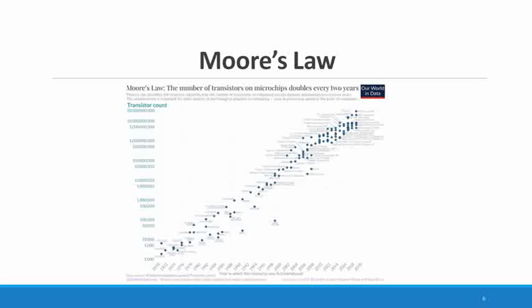Here again, on the x-axis, I am showing the timeline from the year 1970 to the recent 2020, as the law was stated in 1968. On the vertical axis, I am showing the transistor count, the number of transistors that can be built on a single microchip, scaling from 1000 to almost 5 billion.